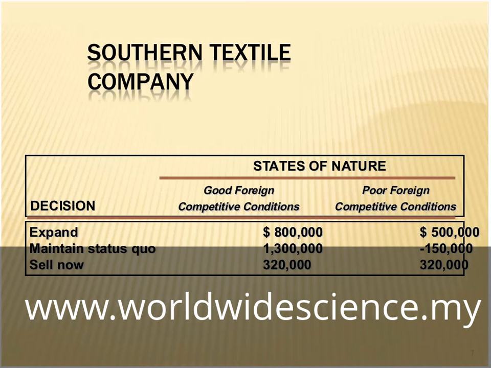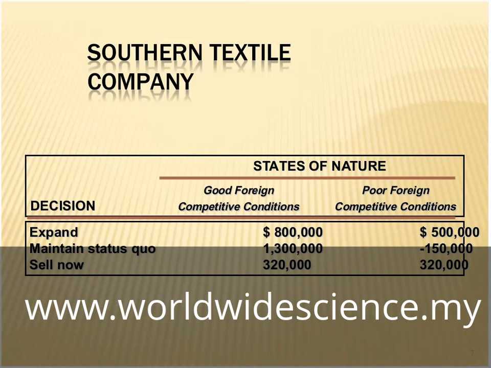For example, imagine there are 3 decisions or projects in a company named the Southern Textile Company. It's an example, and all of the figures, all of the quantities are examples, not real.